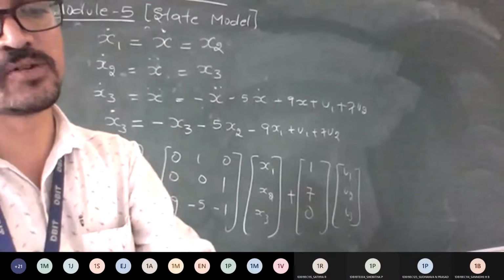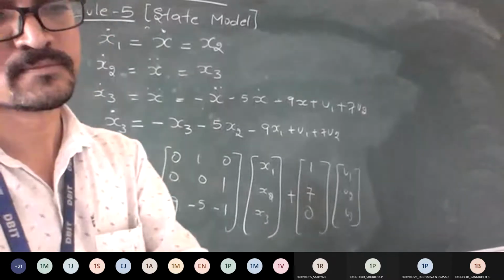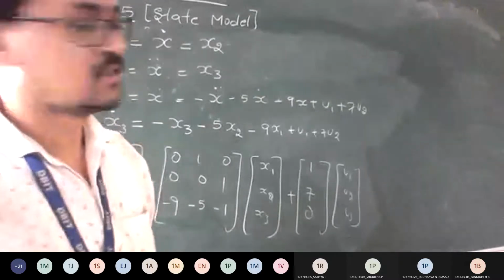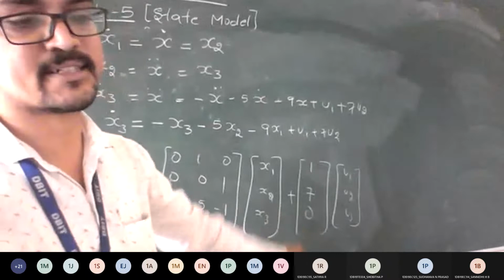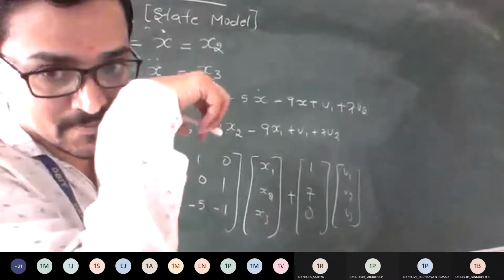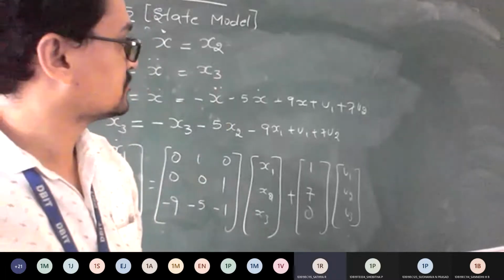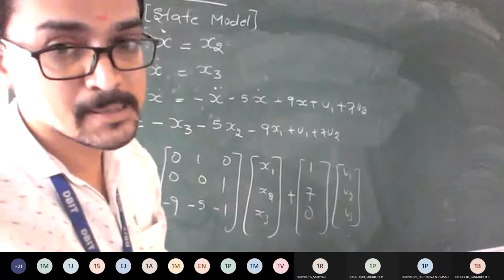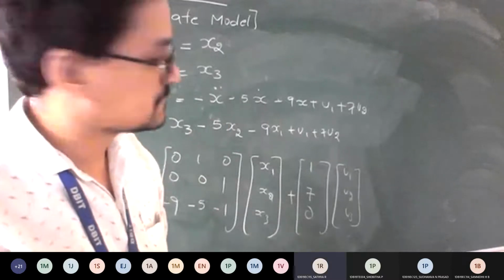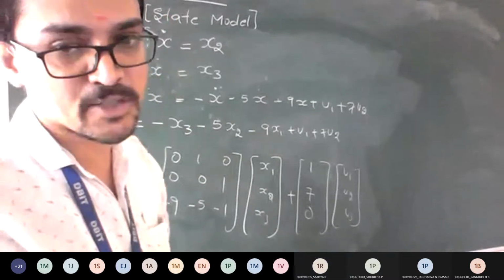If anybody still has doubts, let me know, guys. So the equations you wrote for your second matrix, is it correct? Only in the third equation u1 and u2 are there, sir. But I think in the output, if you look, there is u3 also.